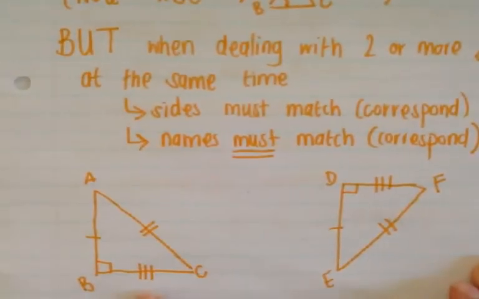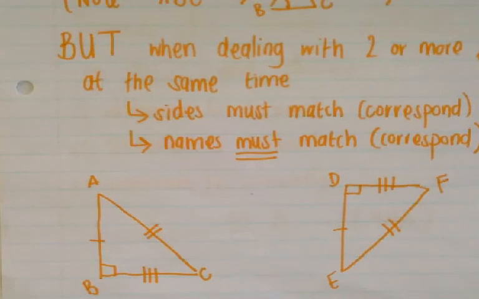Okay, so just draw those two triangles for me, exactly as you see them with the lines and everything.